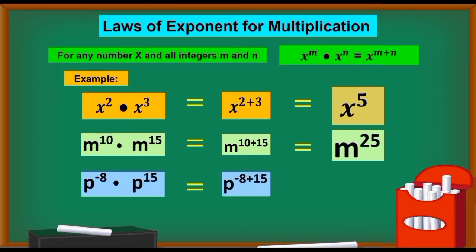So, p raised to negative 8 plus 15. Magkaiba po yung sign niya, so susubtract natin 15 minus 8. And 15 minus 8 is 7. Since mataas po ang 15, positive. So, the answer is p raised to 7.